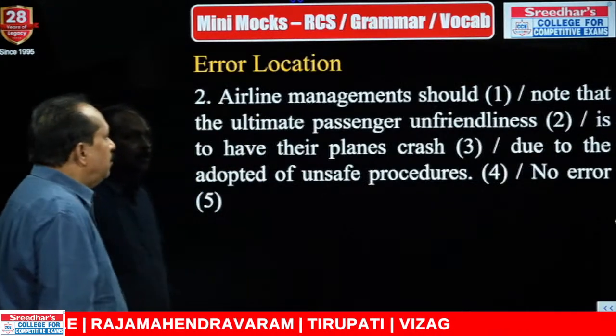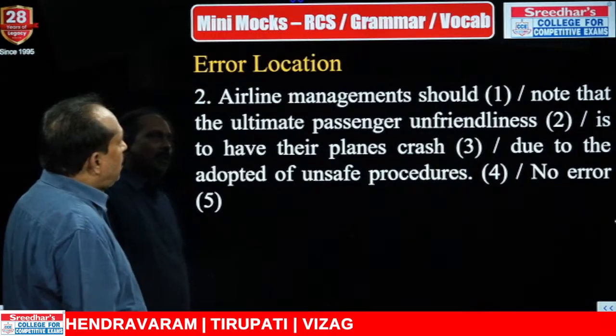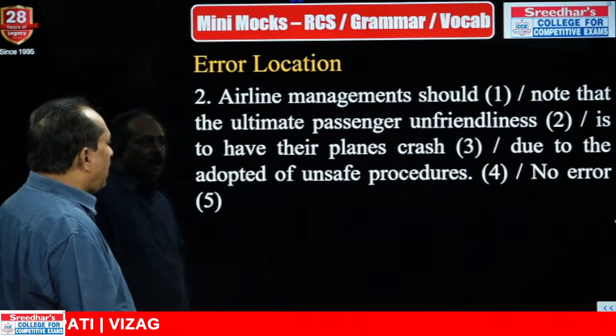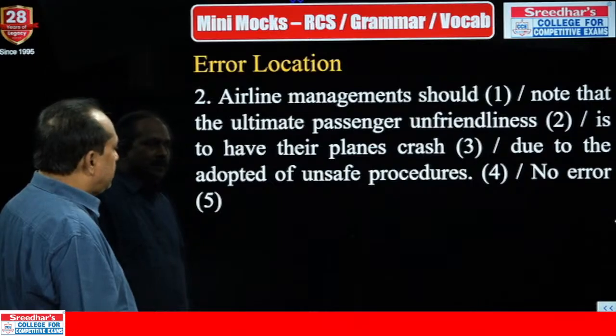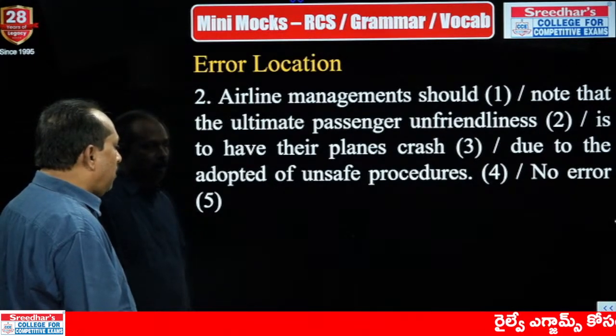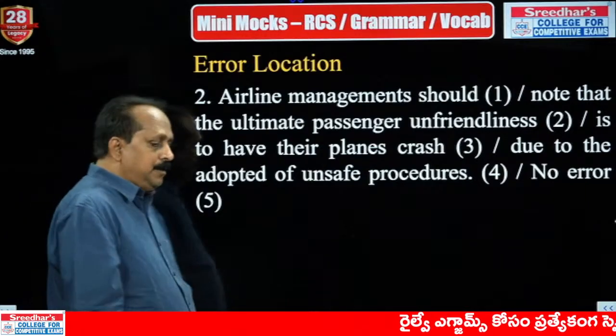Let us go to question number 2, based on error location. Airline management should note that the ultimate passenger unfriendliness is to have their planes crash due to the adopted of unsafe procedures.